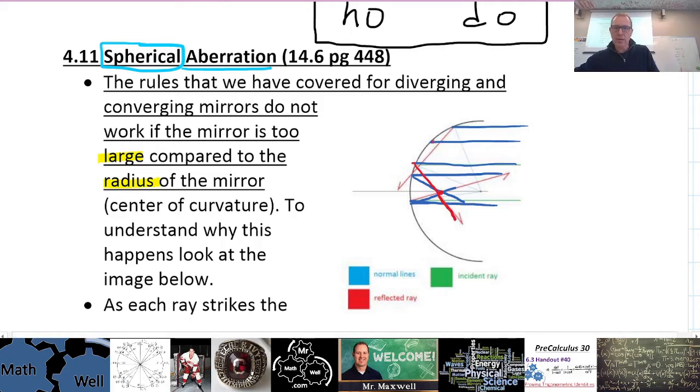This one is going to go down here, away from this focus, and this one for sure is going to come way over here. So we have problems, okay? If the mirror is too large and too much of a curve, then the image is going to be unclear. It'll be really fuzzy on the edges, the top and the bottom of the image, let's say.